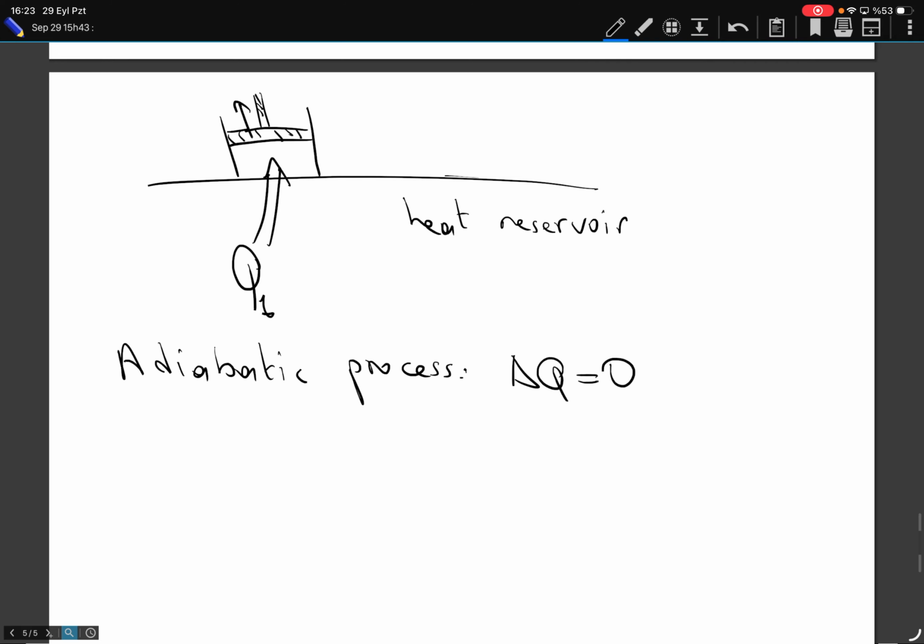There is no heat exchange with the environment. But at the same time, any change in the system should also be very slow. Let's say in the example of the piston, if we isolate the piston and we hit the piston very fast, we will create a shock wave in the gas. That will generate heat. Although delta Q is not taken from outside, you are generating heat by that shock wave. So you should avoid that if you want to look at an adiabatic process.